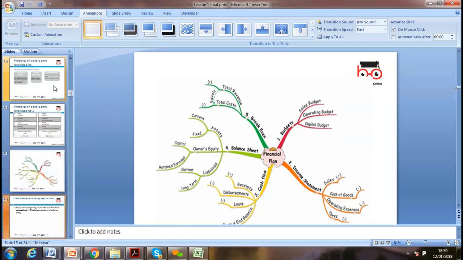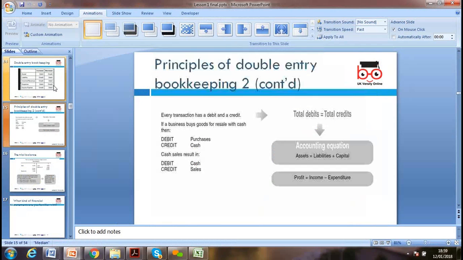Don't worry, because this is just giving you basic knowledge of accounting. So when we have total asset less liability, it becomes net asset. Then net asset will be equal to our capital. It's just maths, like an equation.